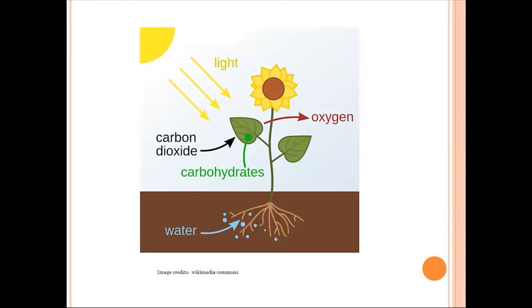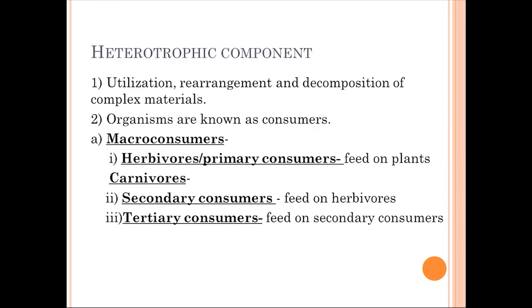Macro consumers, because they are larger in size and they directly ingest other organisms. Then those which feed on plants are known as herbivores. Examples of herbivores: insects, rabbit, deer. All of these are herbivores feeding on the plants.